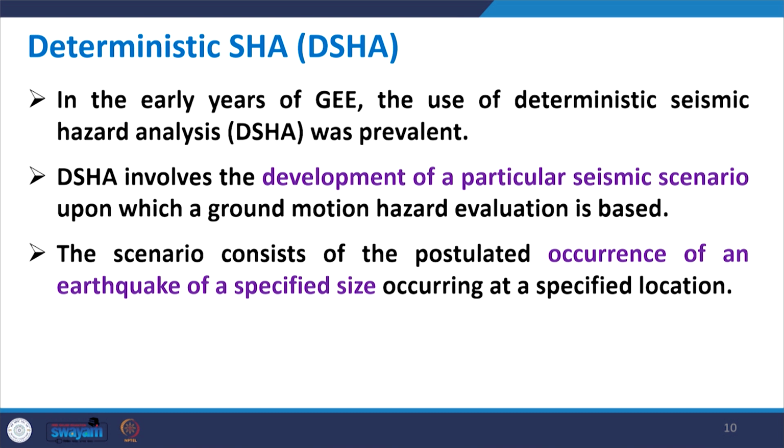So, when you do this, you decide the size of the earthquake, mostly represented by its magnitude, and at what location it will occur. That is also important. In DSHA there are 4 steps, which we are going to talk about one by one in detail, and this was given by Reiter in 1990. So, it is now more than 30 years that DSHA has been known.